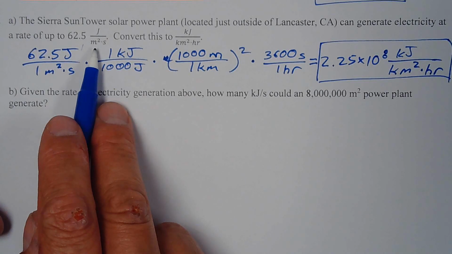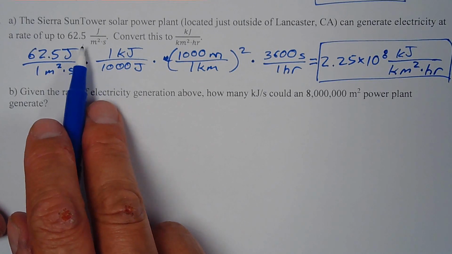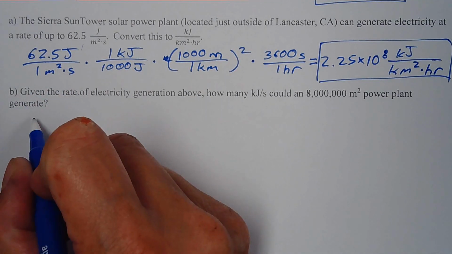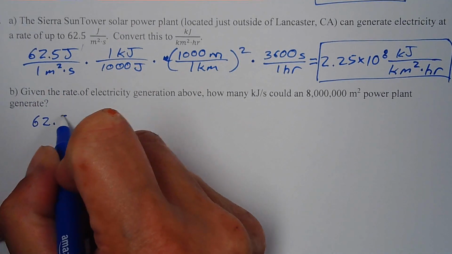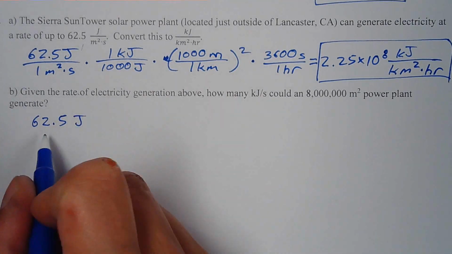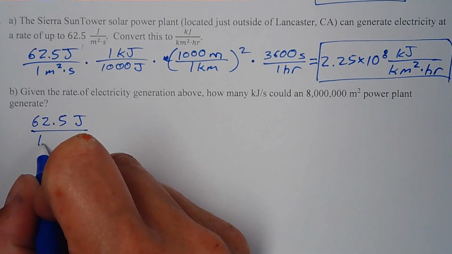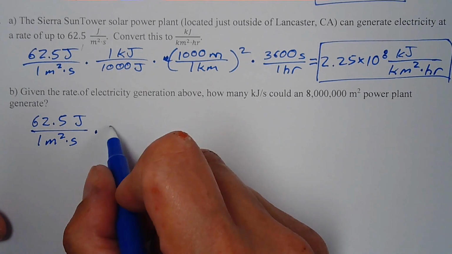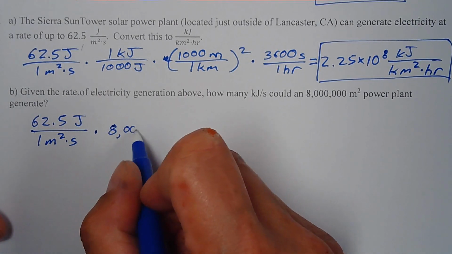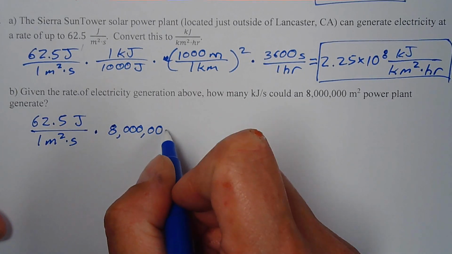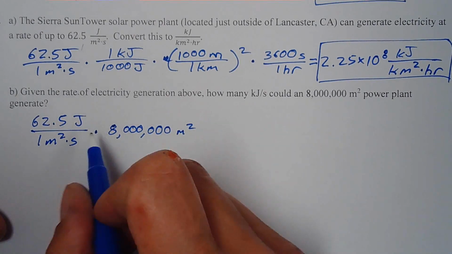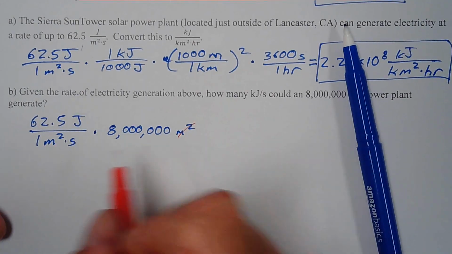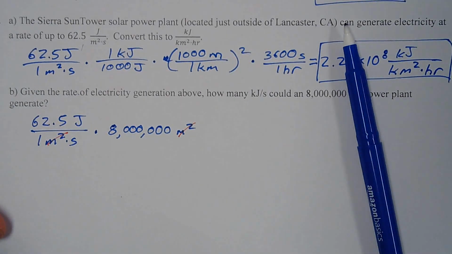Okay? So if you have 8 million, then we got to take this quantity and multiply it by 8 million. So we start with 62.5 joules for every 1 meter squared second. And then we're going to multiply by the 8 million square meters. Okay. And the square meters here are going to cancel out with the square meters there.